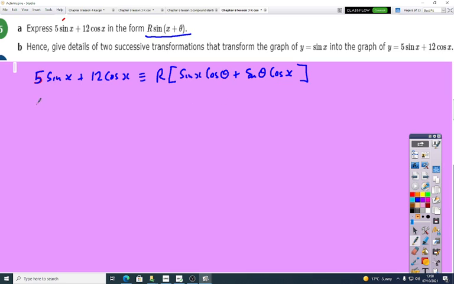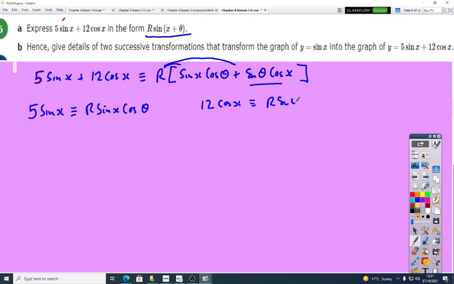So if I then write 5 sine x, that will be identical to r, I'm going to expand this out so everything gets multiplied by r, so you get r sine x cos theta. I'm going to do the same thing here. 12 cos x is identical to, all the cosines are going to be identical to all the cosines on this side, which is r sine theta cos x.